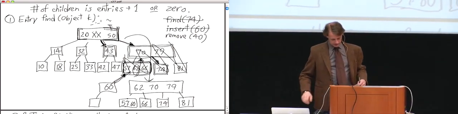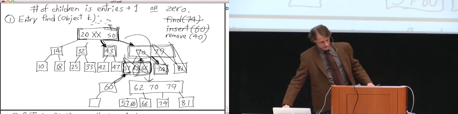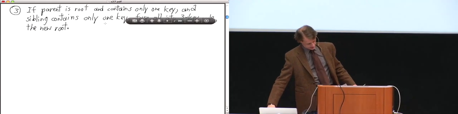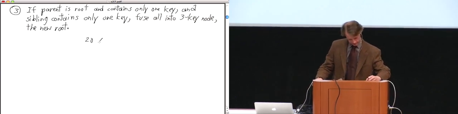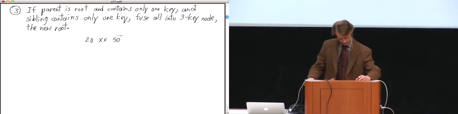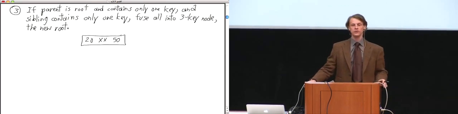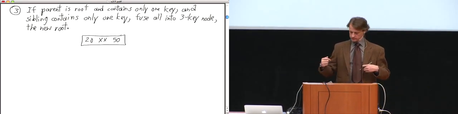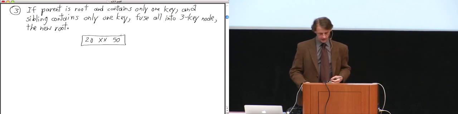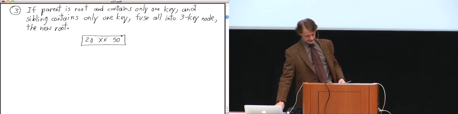At this point, things are getting complicated, so let me redraw the tree. So we've just come down to the 43, and we want to steal a key from its sibling. So we're going to steal that 62.